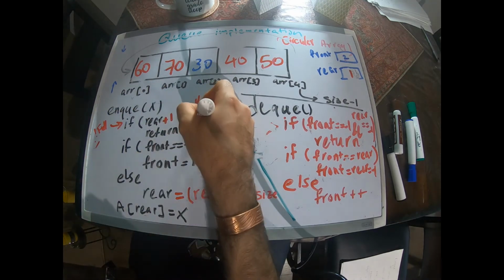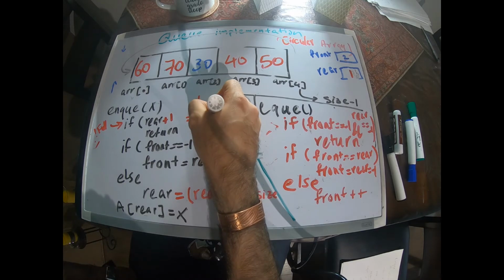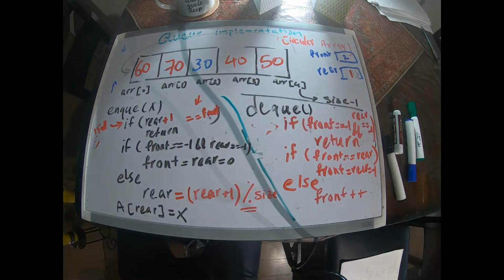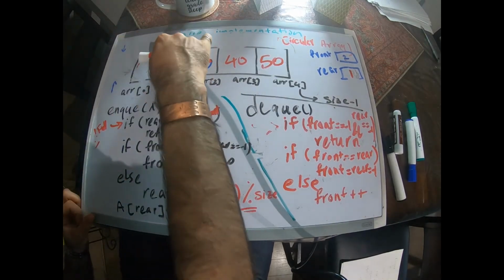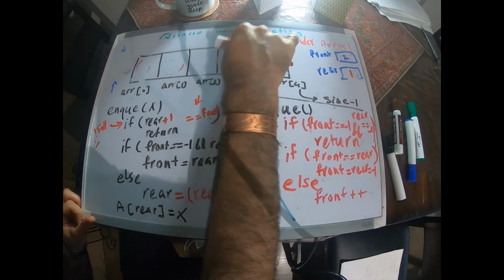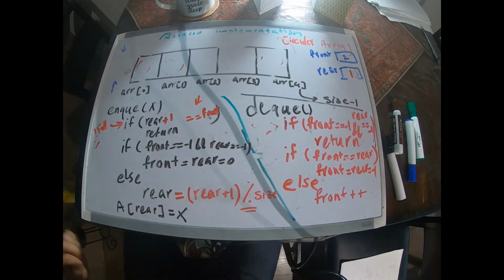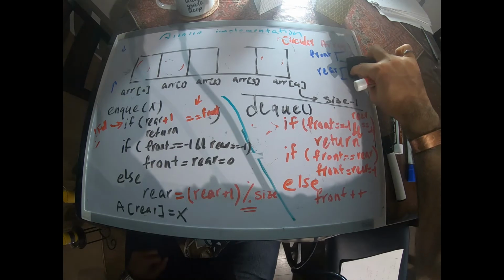So at this point, this is going to fix the problem. But this is not a permanent solution. This is not the correct solution. Let's start from an empty Q and see if this condition would work correctly.